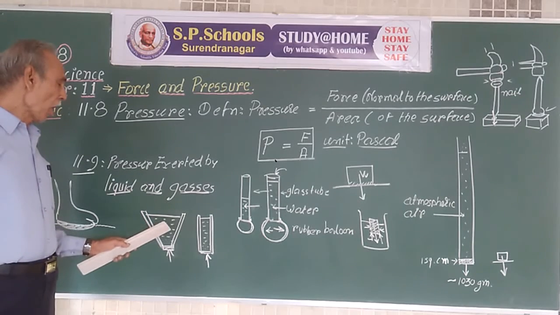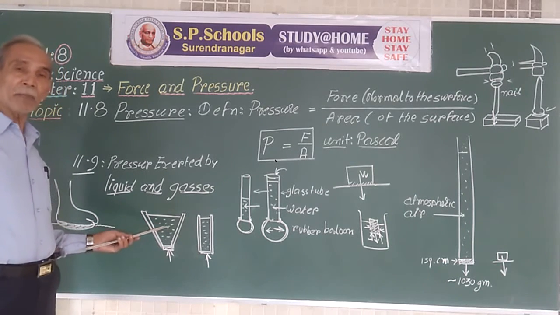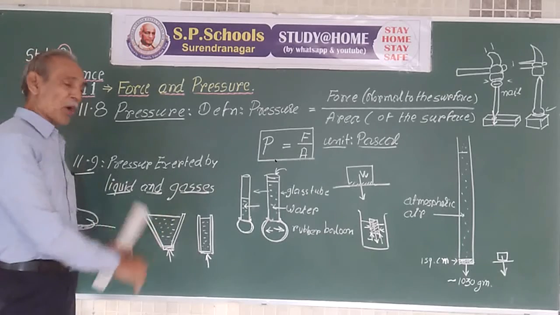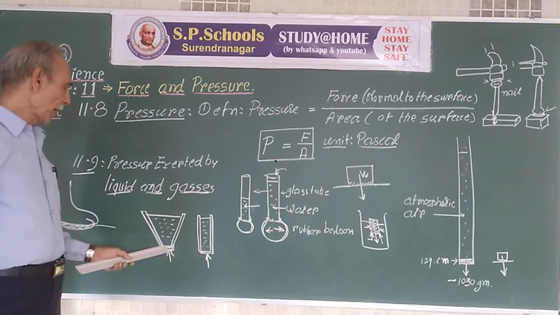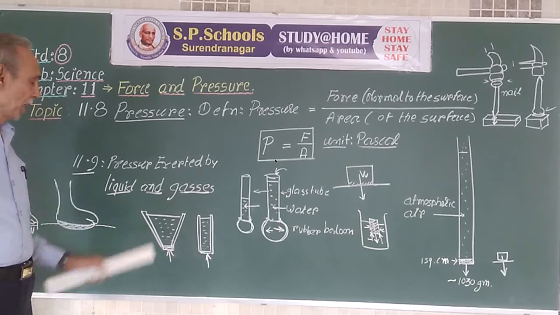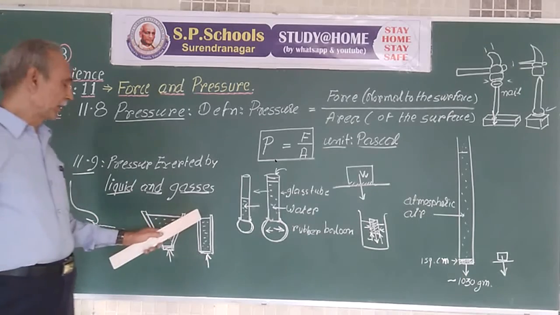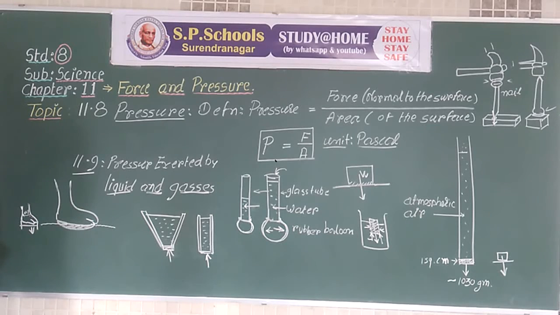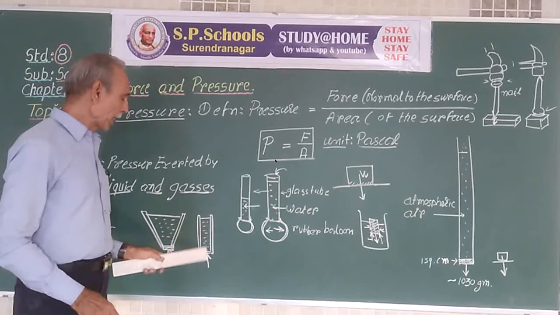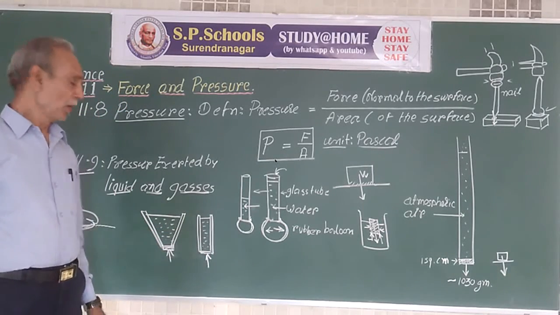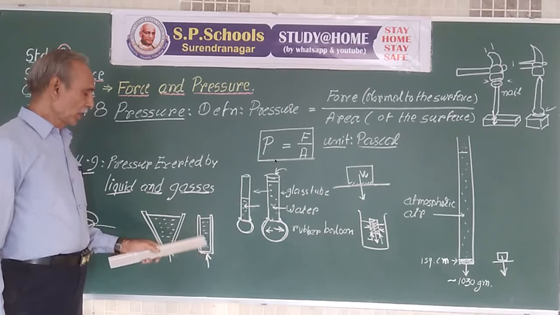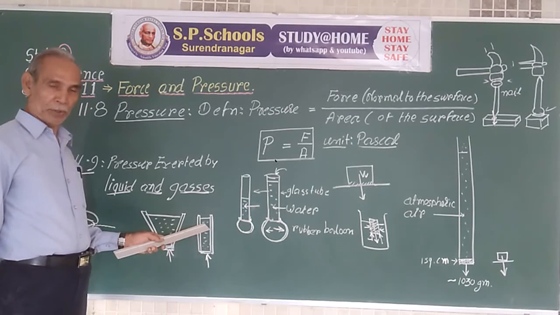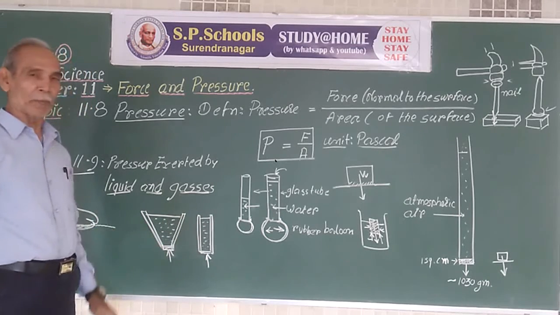Though the quantity of water in this type of vessel, which is broader at the top and smaller at the bottom, is more compared to the liquid that is filled in this type of vessel, which has a lesser amount of water compared to this type.